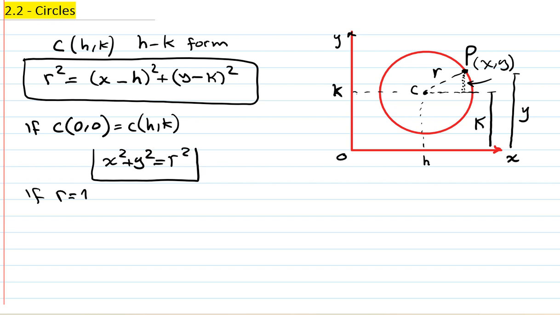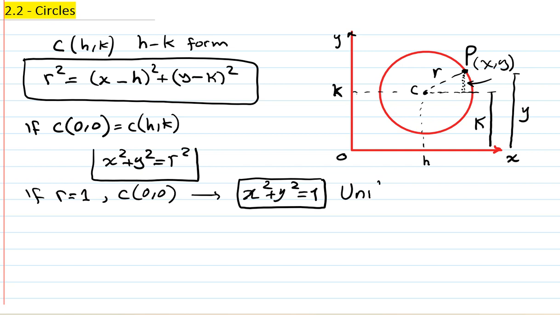If the radius is 1 and the center is at 0, 0, we get a special kind of circle. That's x squared plus y squared because the center is 0, 0. And further, because the radius is 1, squared that is 1. This is oftentimes referred to as the unit circle. Unit references the radius of the circle. All right, and there you have it.